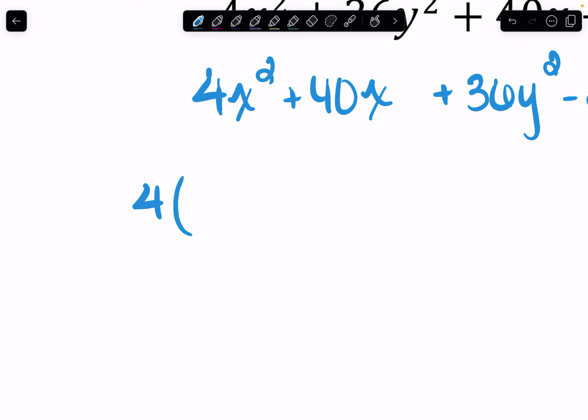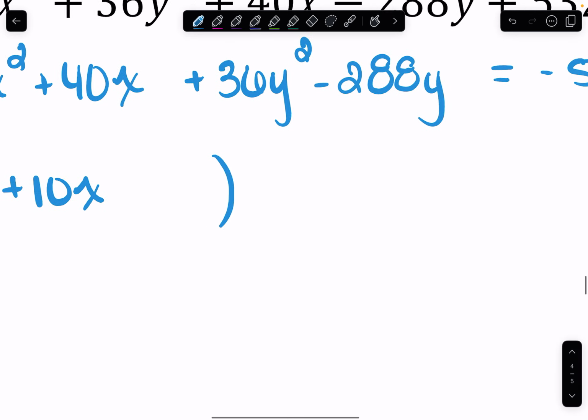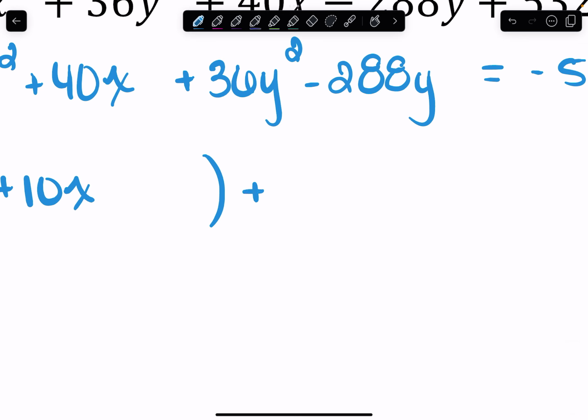So we're going to factor the 4 out of the x terms, which is going to leave us with x squared plus 10x. I'm going to leave some room in there to finish that completing the square. And then I do the same thing with the y terms. I'm separating the 36 from the y squared, which requires us to take the 288 and divide it by 36, which is going to give us 8.